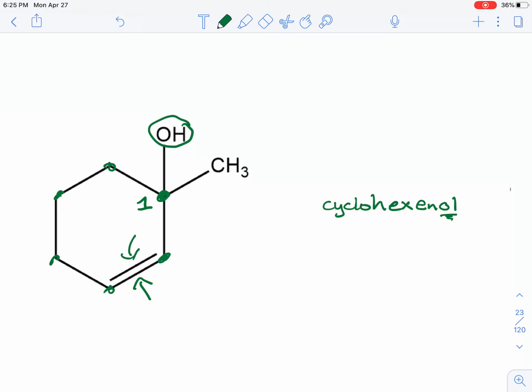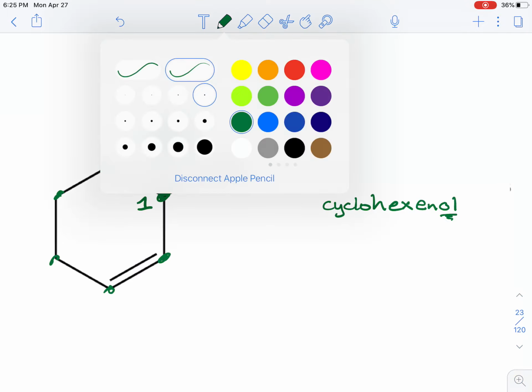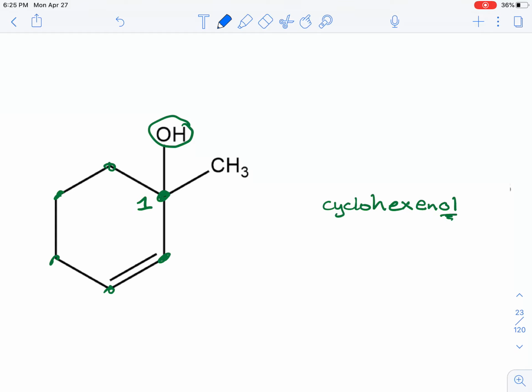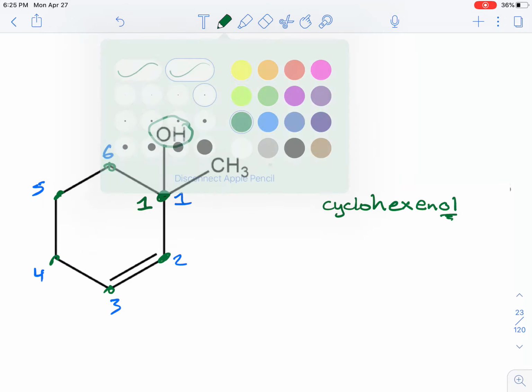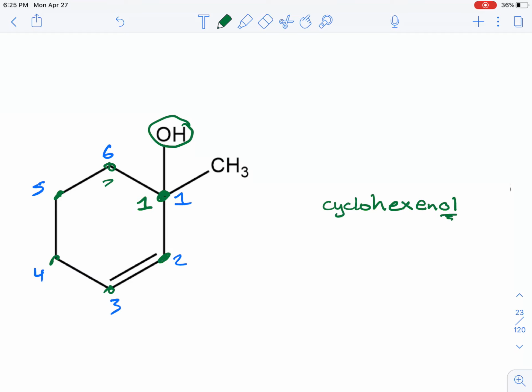You need to communicate to the reader what carbon number this double bond will start. So we need to figure out our numbering system. If I use blue to go clockwise, I have 1, 2, 3, 4, 5, 6. If I use green and go counterclockwise, I have 1, 2, 3, 4, 5, 6. If I go counterclockwise, carbon number 5 is where my double bond will start.